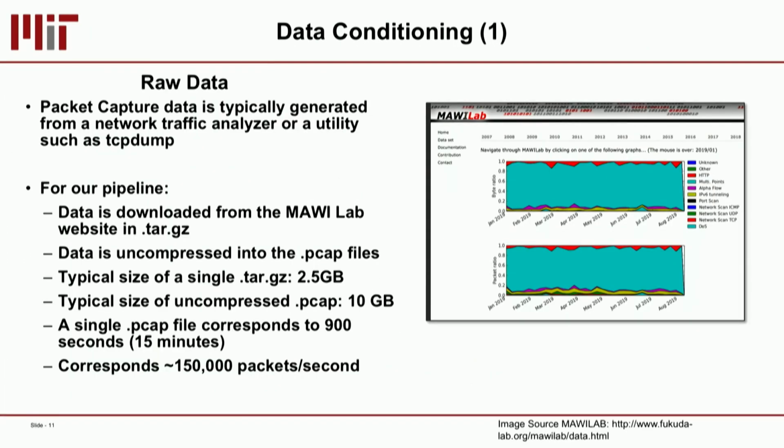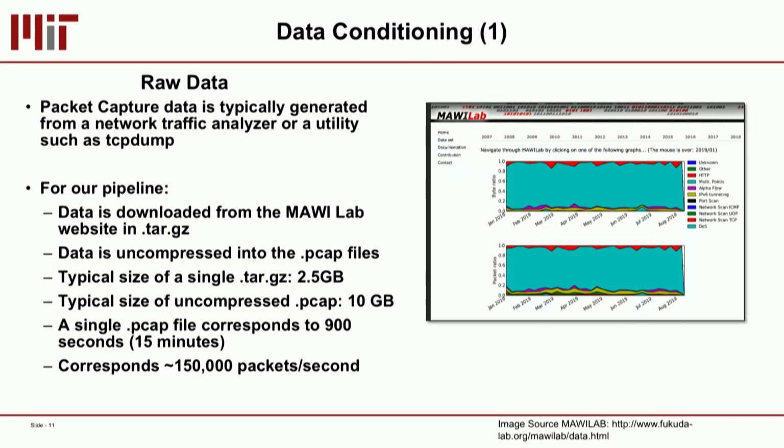So step one of data conditioning was to download the actual raw data. The data was downloaded in a compressed binary format, which is probably what a lot of you will get your hands on. The typical size of a single compressed file is about 2.5 gig. When you decompress that, it goes to about 10 gigs, so about 4x. A single PCAP file is about 10 gig for about 15 minutes worth of traffic.